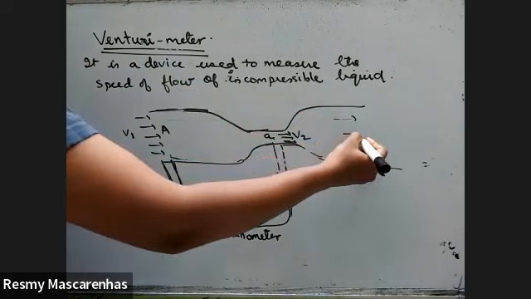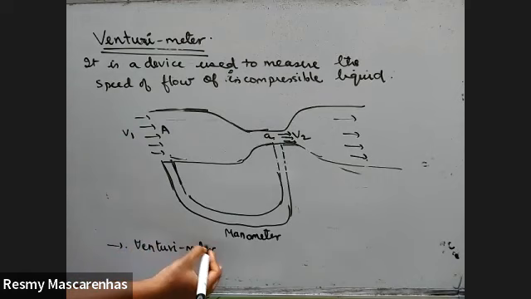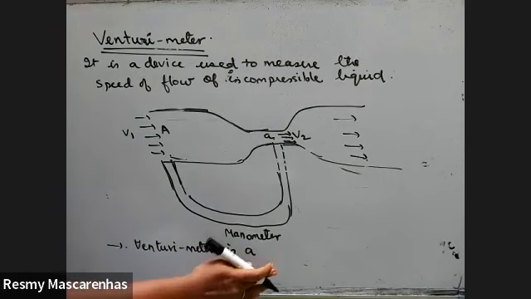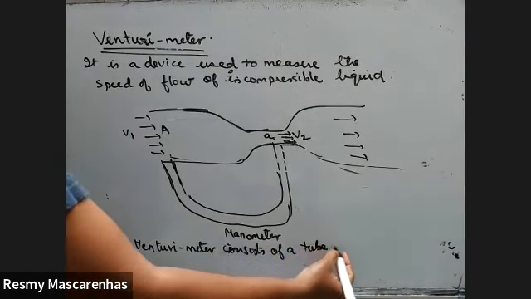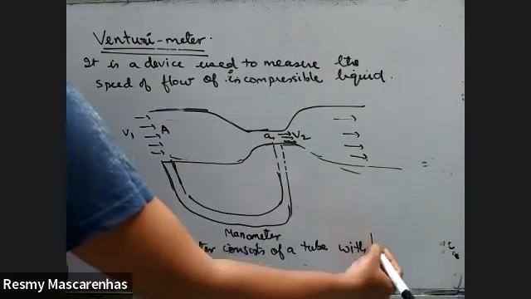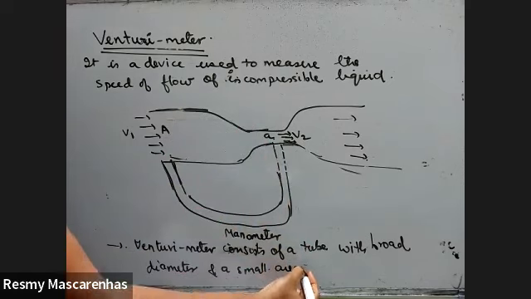Okay, the same liquid is flowing out. We want to describe, okay, a venturimeter is a tube, or it consists of a tube with a broad diameter and a small constriction.